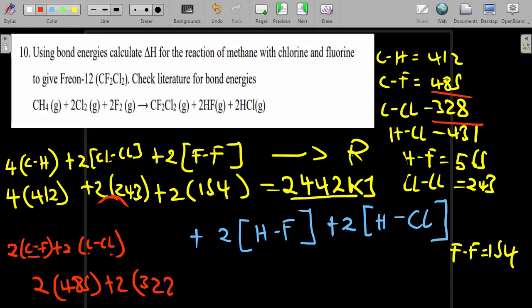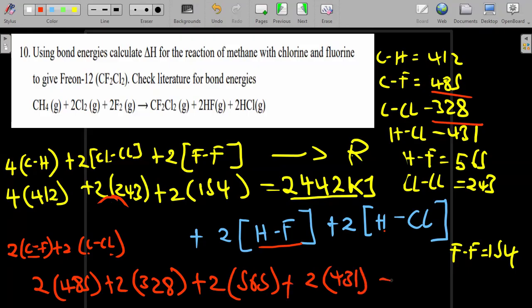So 328, and then plus 2 multiplied by these 2 now. So H to F had 565. Then plus 2 multiplied by H to Cl. So H to Cl was 431.